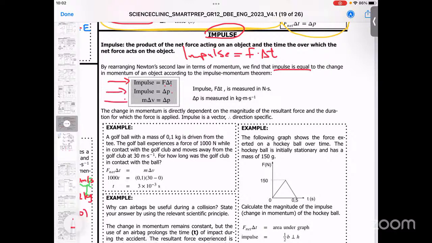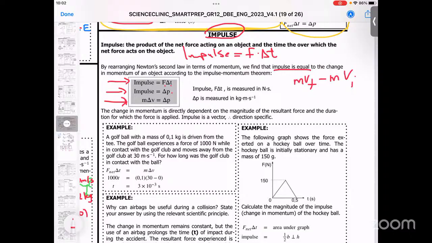And then here, they are talking about the mass multiplying change in v. That is change in momentum, because if you don't understand that part, it's like having mass times v final minus mass times v initial.